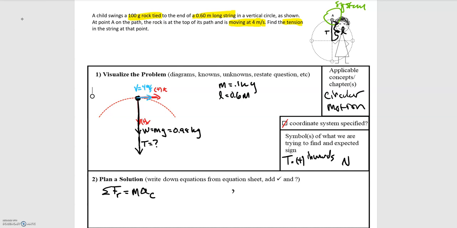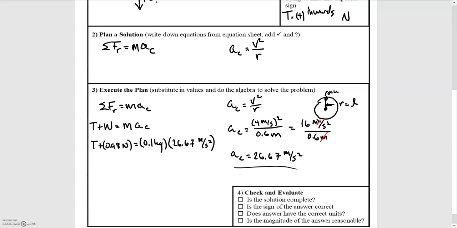And the centripetal acceleration we know is equal to v squared, the tangential velocity squared, over the radius of the circular path. So coming down here to execute our plan, we're going to start by solving for the centripetal acceleration. That is this first step here.